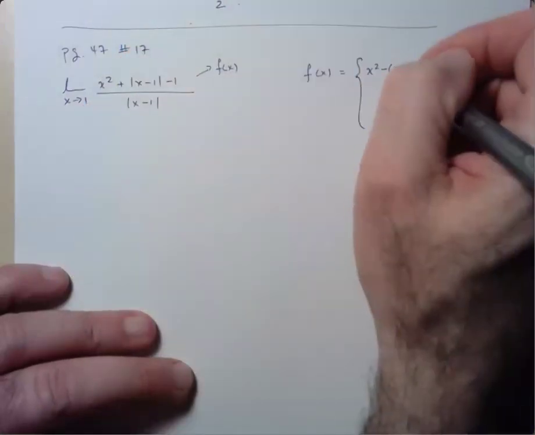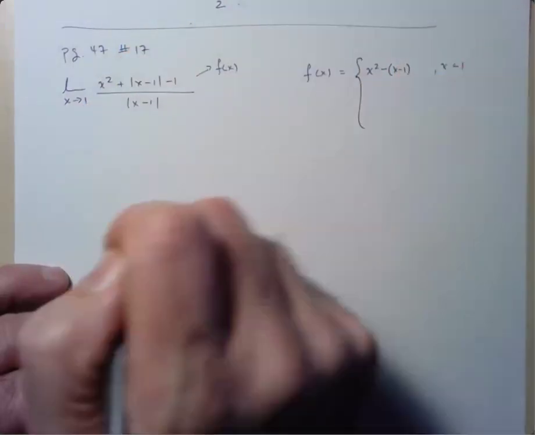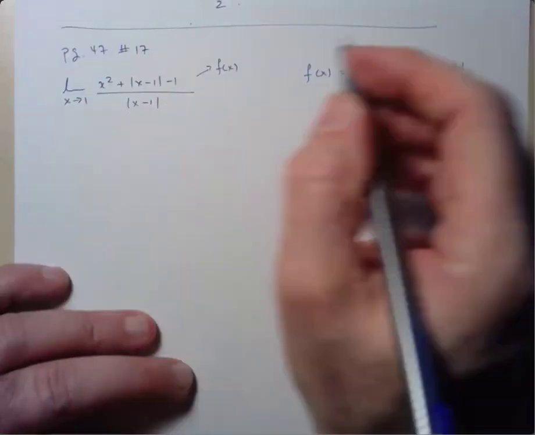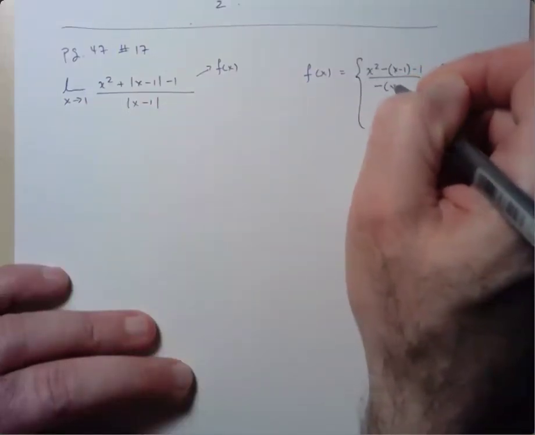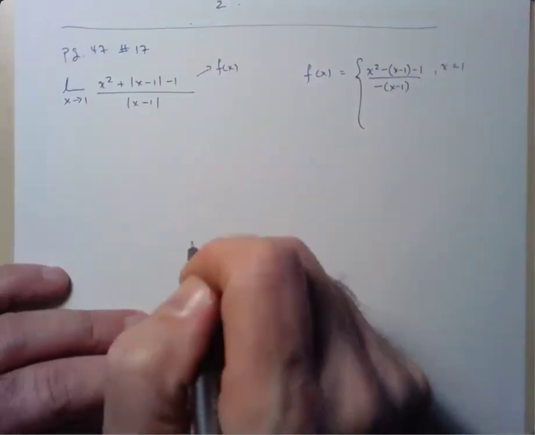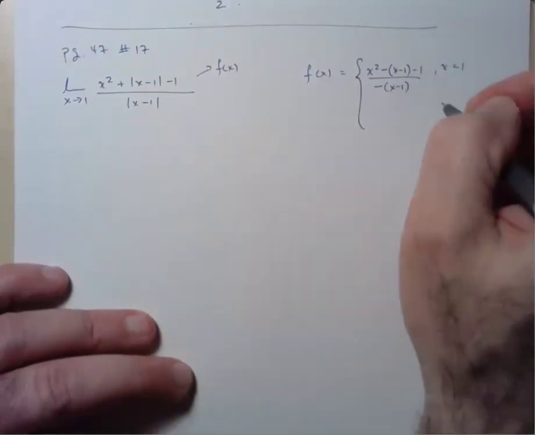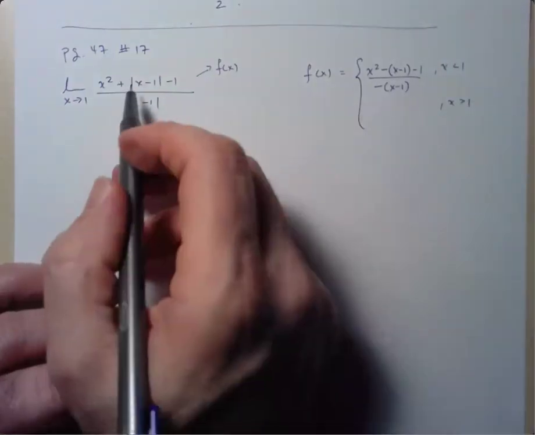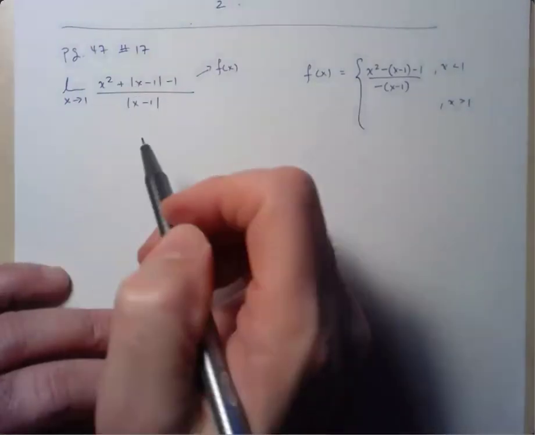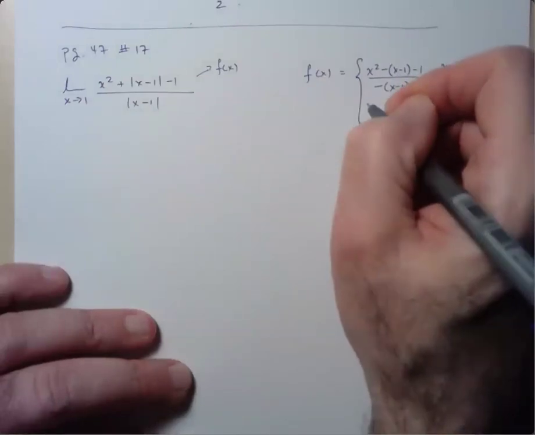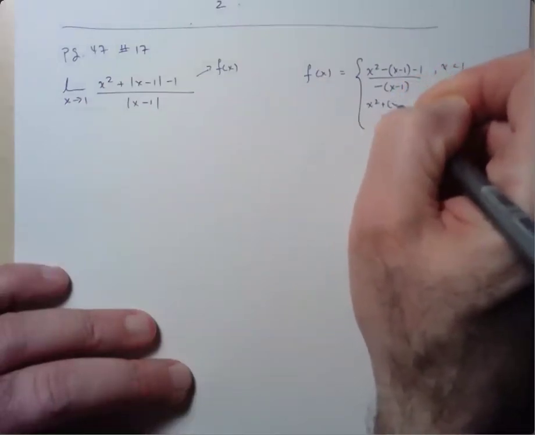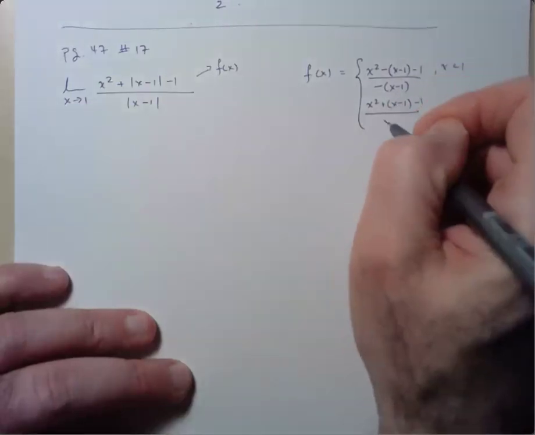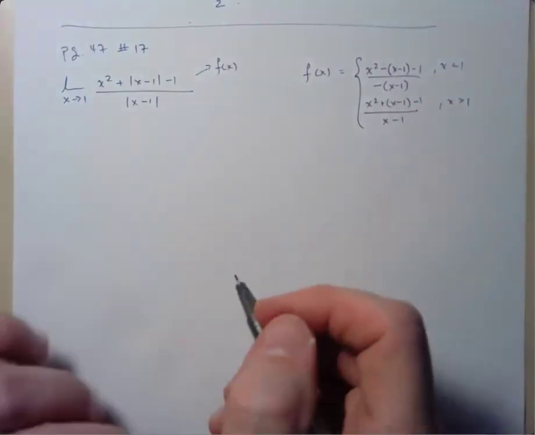Make sure you're putting brackets. Then minus 1, and in the denominator, same thing, put a negative in front to make it positive. Now for x greater than 1, these things are already positive inside the absolute value, so they will not change. So x squared plus x minus 1 doesn't change, and x minus 1 does not change.